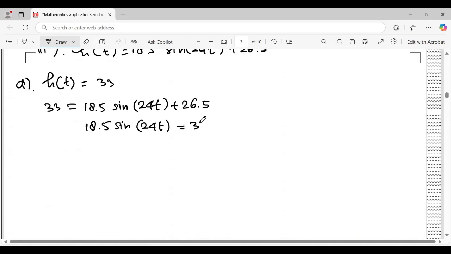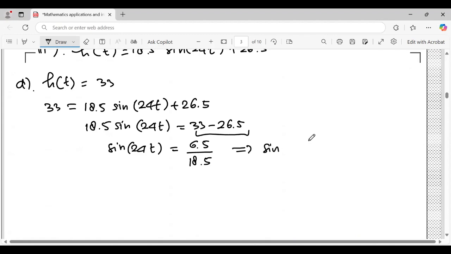equals 33 minus 26.5, and sine 24t equals 6.5 over 18.5. So it means sine 24t equals 0.351 and so on.